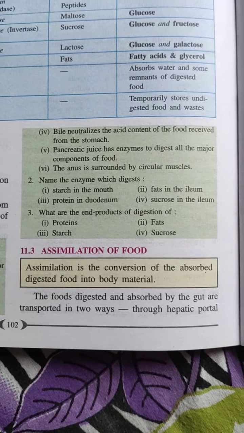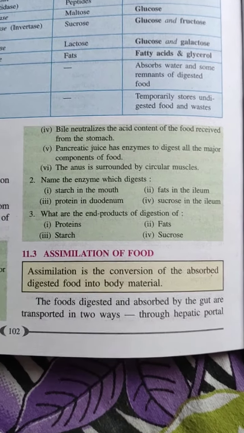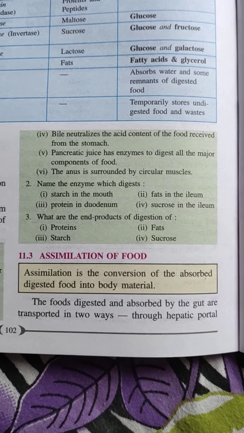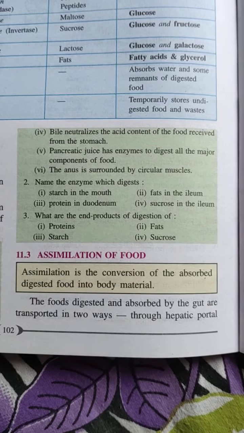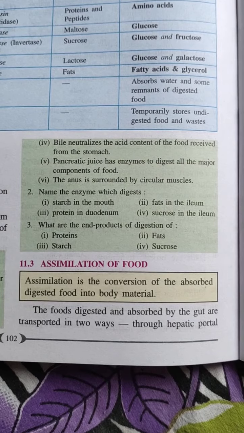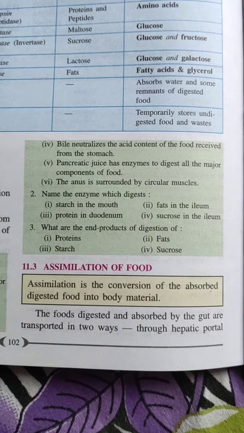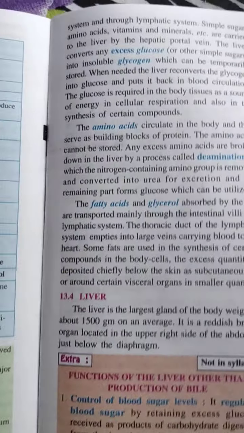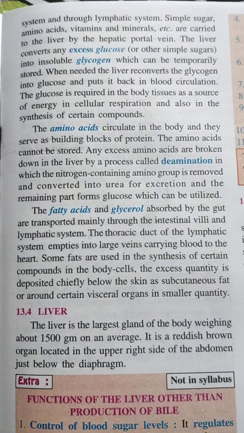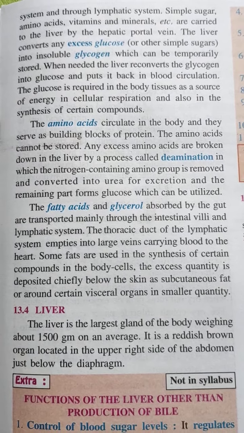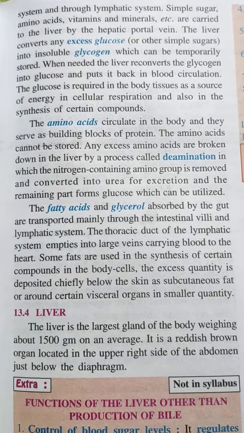Another very important definition is assimilation, because after absorption we need to assimilate the things into our blood. So assimilation is the conversion of the absorbed digested food into body material. Okay. Now the liver converts any excess glucose into insoluble glycogen, which can be temporarily stored.